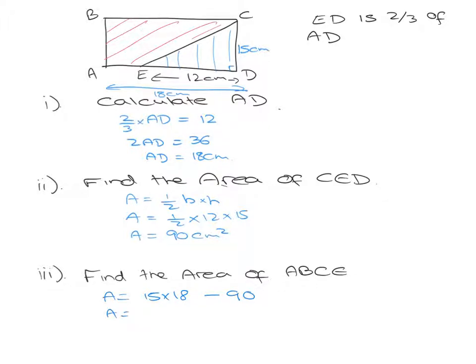So this gives us 270 minus 90. So the area is going to be 180. And again, don't forget your units, centimetres squared. But remember, for the area of a triangle, we must have the right angle in there, otherwise we have to use the other area rule.